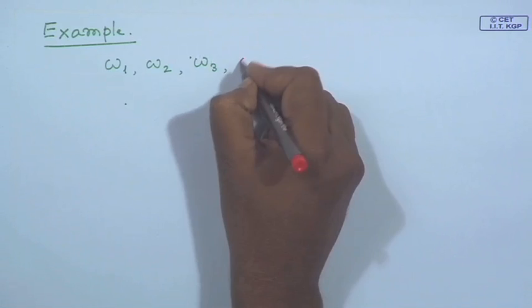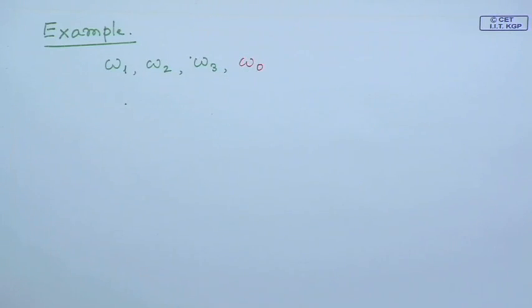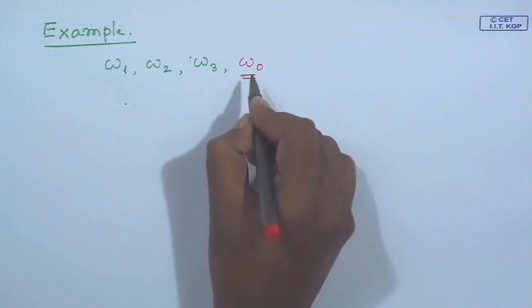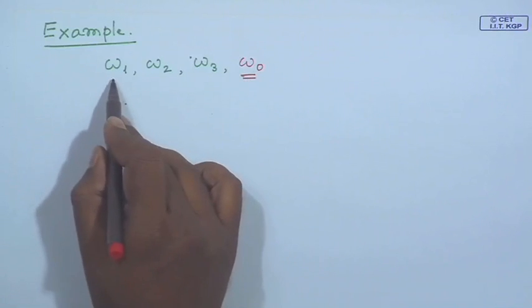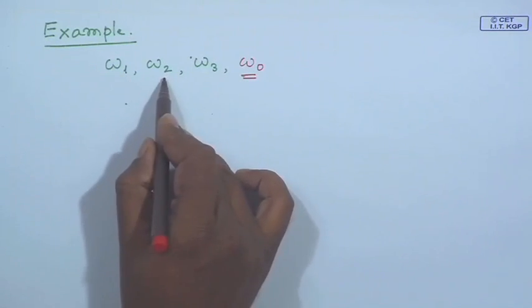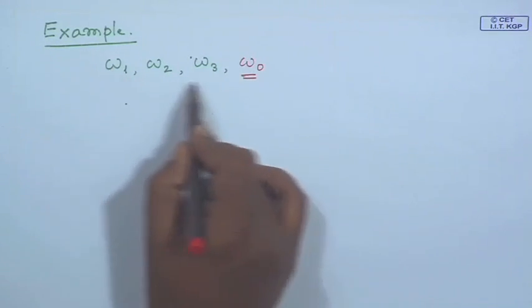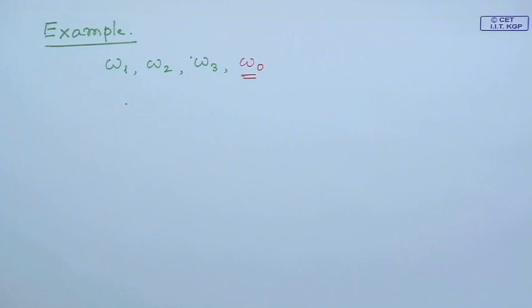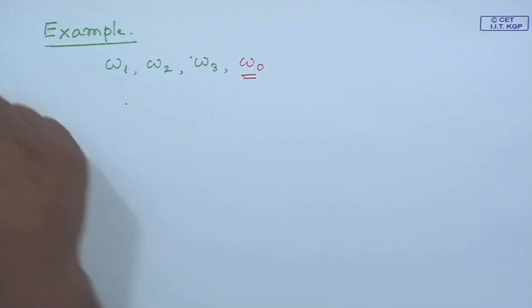So, omega 0 is the final state, and in addition to this final state, it has 3 more states, omega 1, omega 2 and omega 3, and all these are hidden states. At the same time, I also have to have the probabilities for the visible symbols.